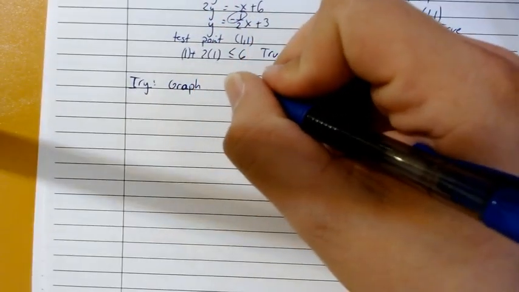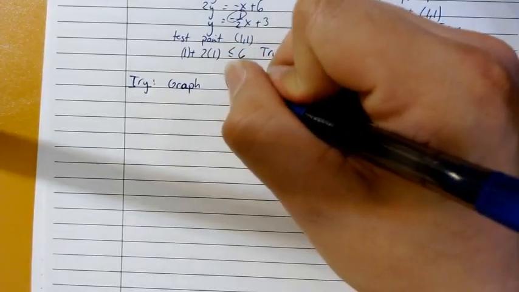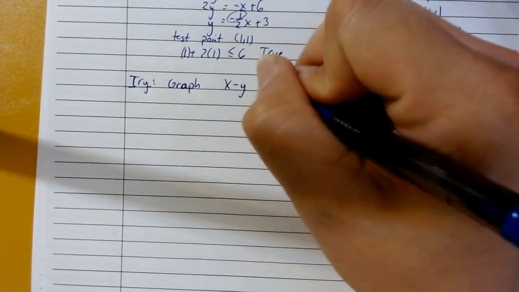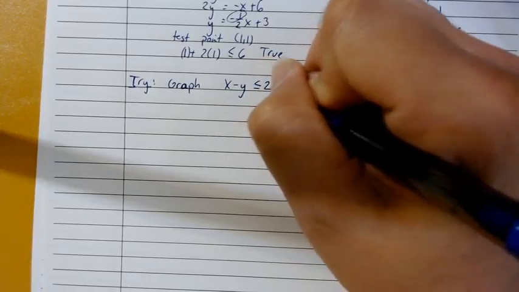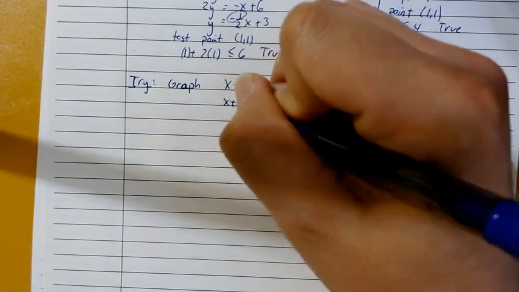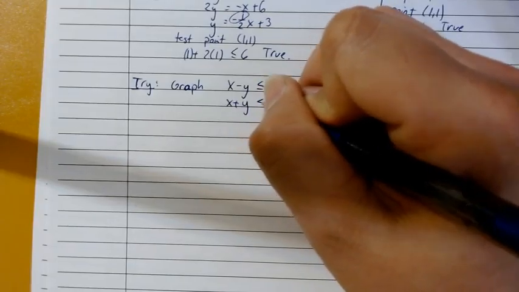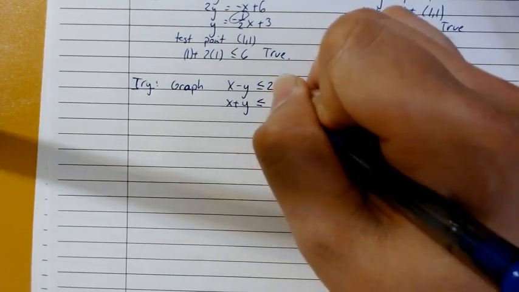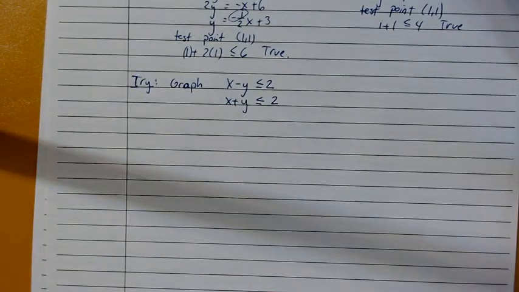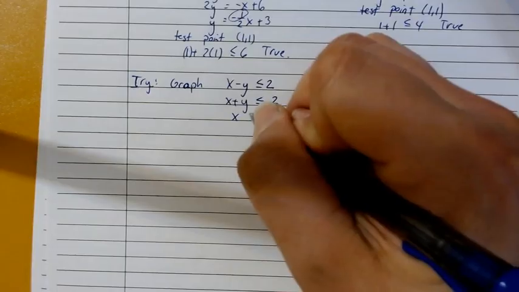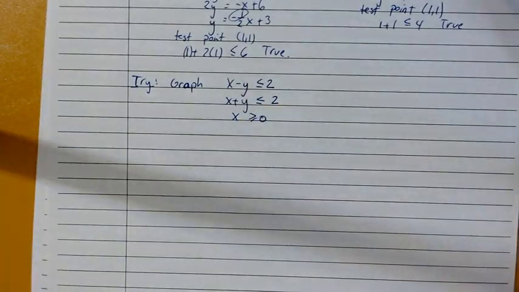Go ahead and graph the system of inequalities. x minus y is less than or equal to 2. x plus y is less than or equal to 2, like that. And x is greater than or equal to 0.